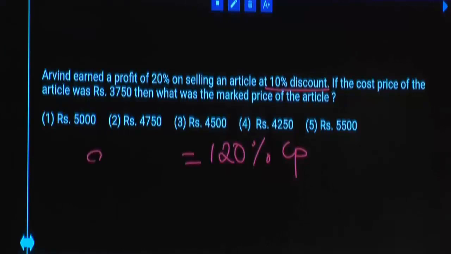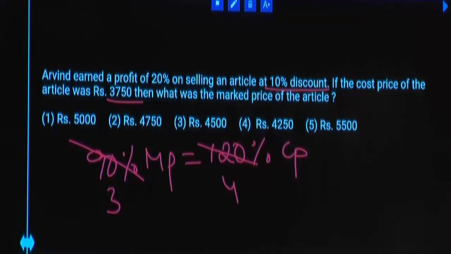That means selling price becomes 90% of market price. 3 times 3, 4 times 3. So cost price to market price ratio, 3:4. Yes or no? What is this 3,750? Cost price, which is equal to 3 parts, and you are asked to calculate market price. That means you need to calculate 4 parts.